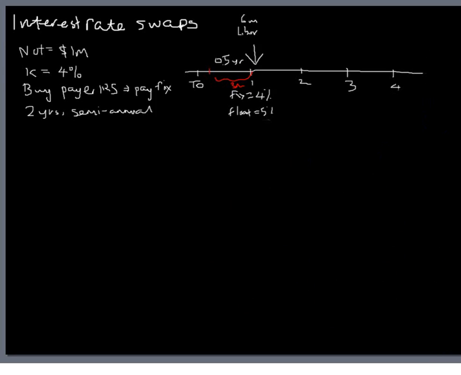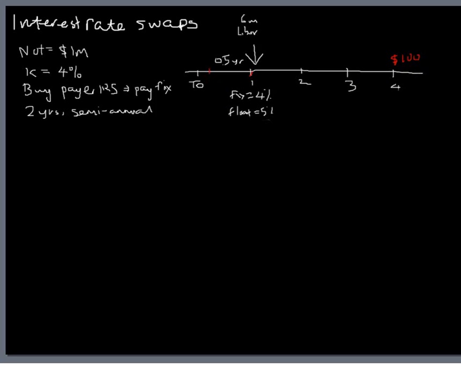The second way of valuing IRS, which I think is something everybody is more familiar with, is to assume that there is a par value exchange at the end of the maturity. So assume that there's a 100 par value exchange at the end of maturity.